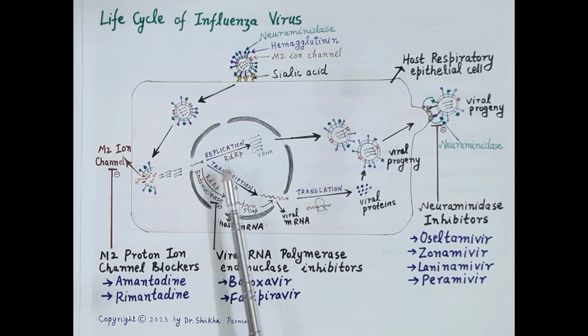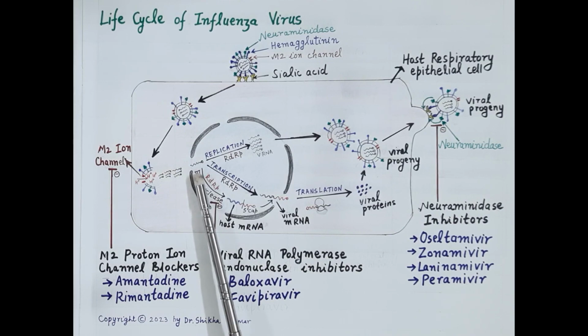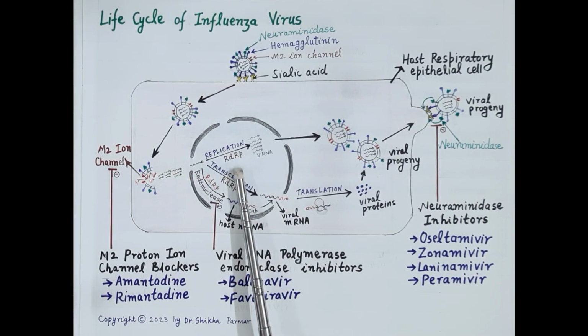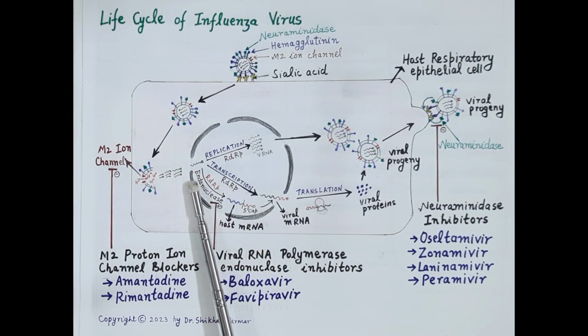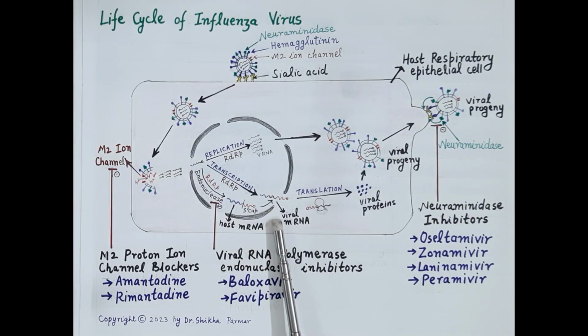So, hundreds and thousands of copies of this RNA virus are produced by the RNA-dependent RNA polymerase. Secondly, this viral RNA is transcribed to produce viral messenger RNA.